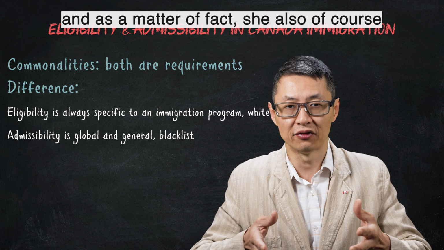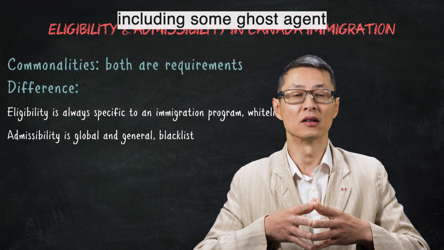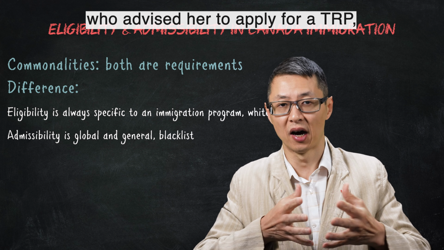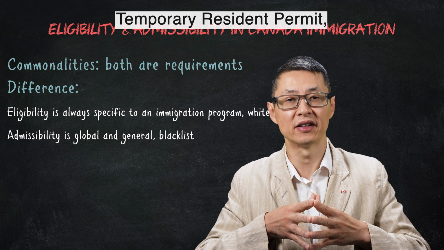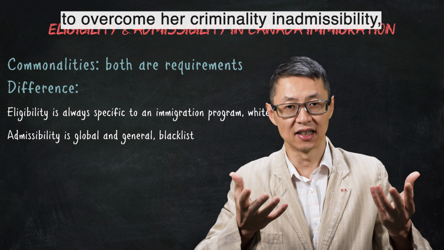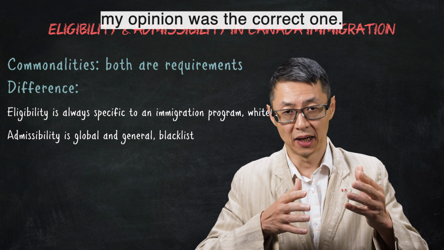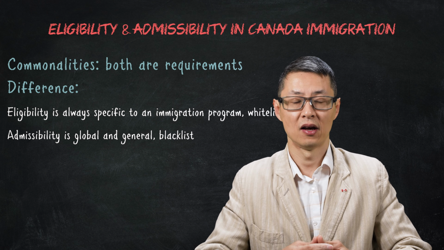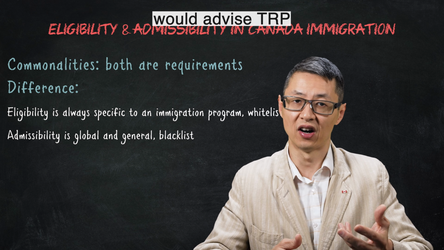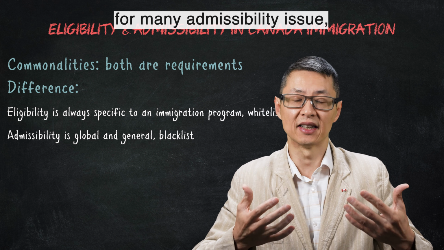And as a matter of fact, she also, of course, consulted quite a lot of people, including some ghost agent, who advised her to apply for a TRP, temporary resident permit, to overcome her criminality inadmissibility. And the outcome has proved my opinion was the correct one. As a matter of fact, many people in this industry would advise TRP as the first solution for many admissibility issues.